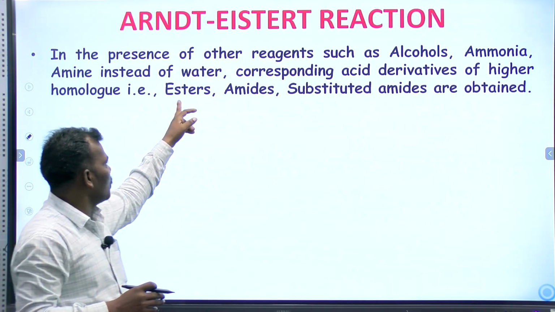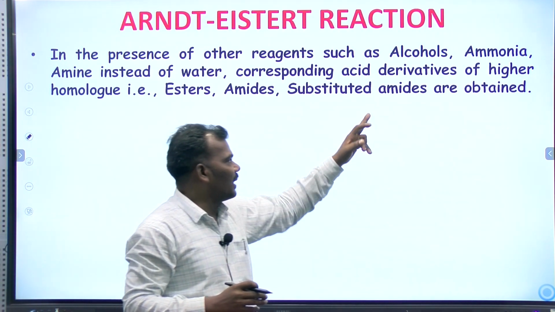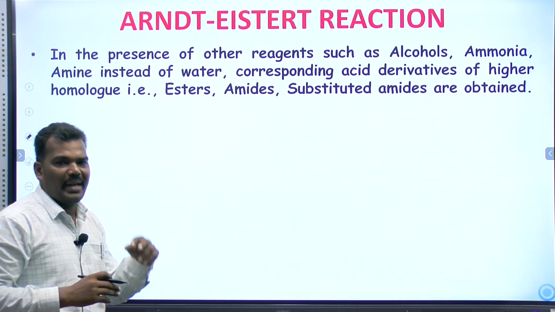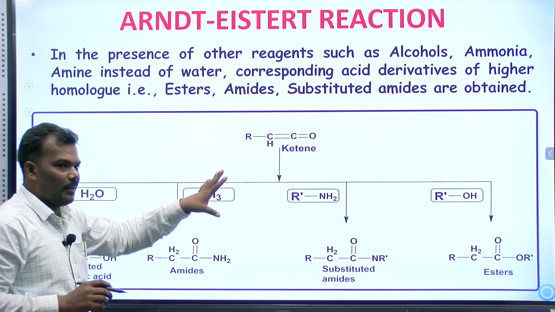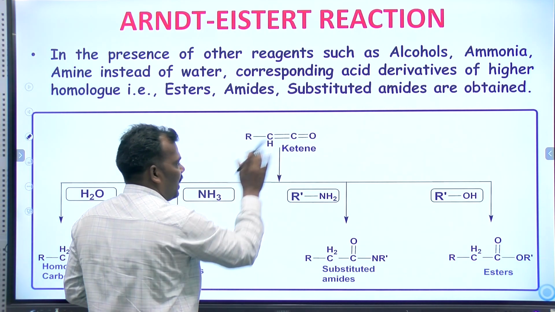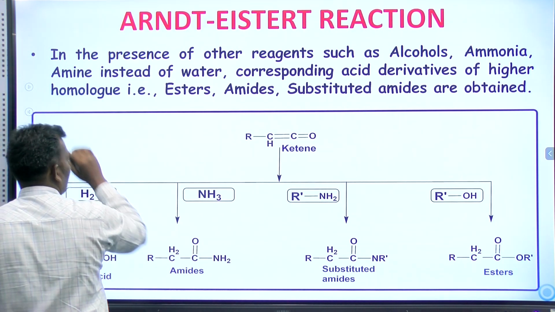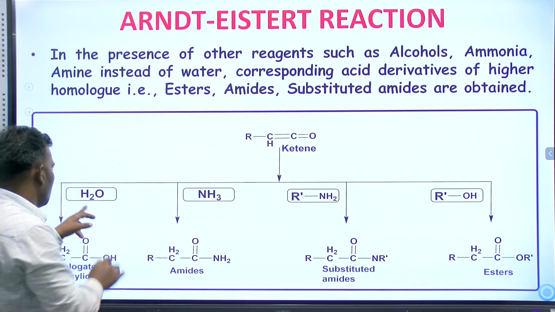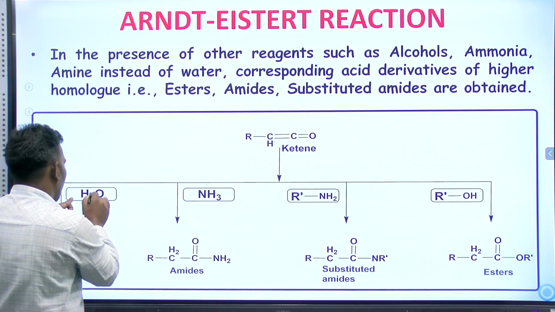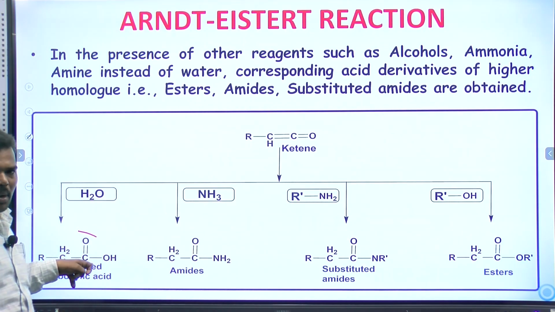That means esters, amides and substituted amides will be obtained. This is the ketene intermediate. In the case of water, it leads to the formation of the homologated carboxylic acid.